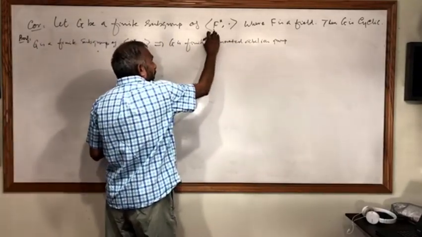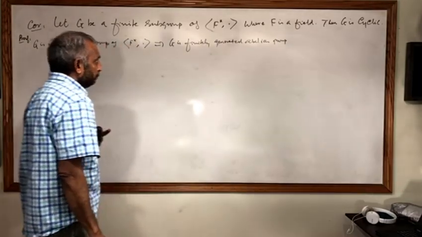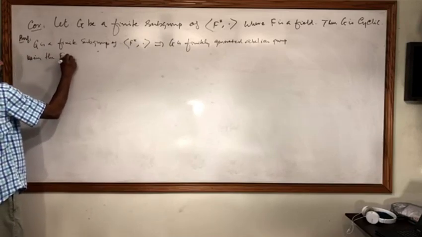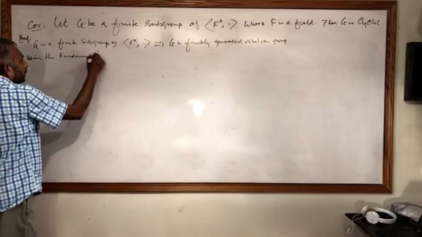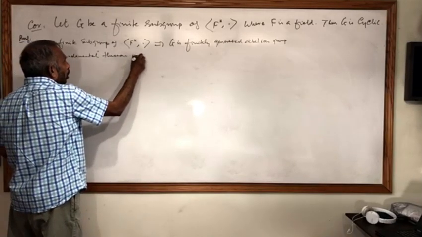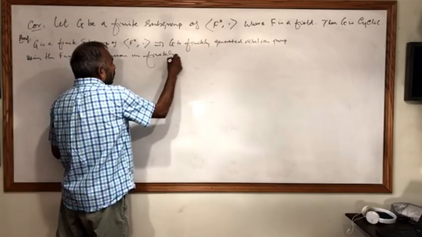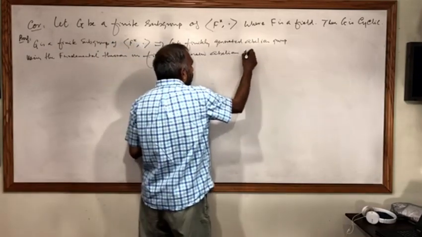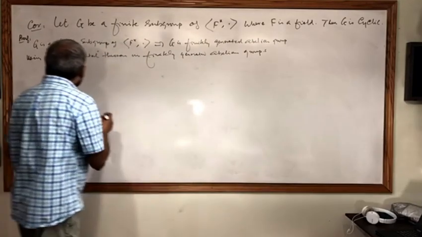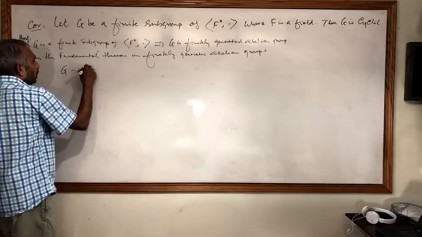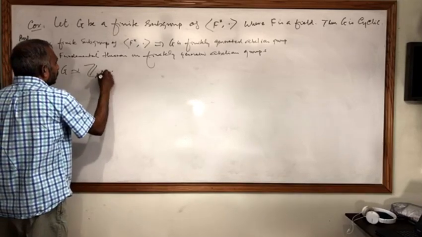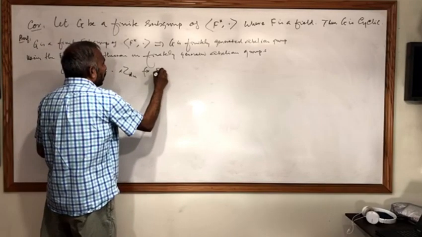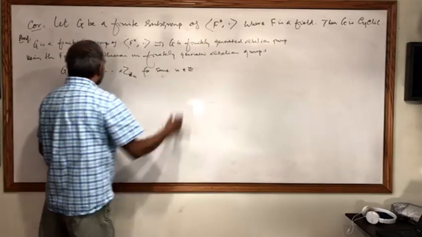Abelian is because it is coming out of the field F. So, using the fundamental theorem on finitely generated abelian groups, G is isomorphic to Z_d1 × ... × Z_dn for some n in N.